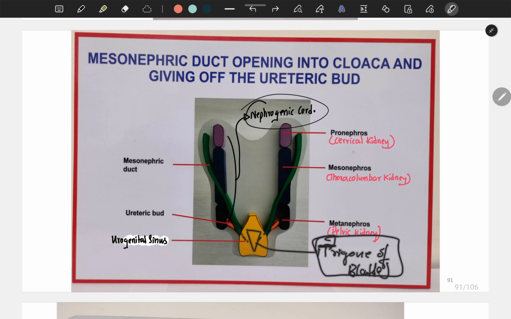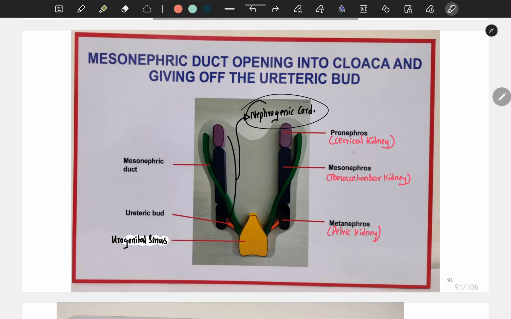What forms this? It is formed by the absorption of the mesonephric duct distal to the uteric bud. This is the uteric bud. The mesonephric duct distal to the uteric bud is absorbed inside the trigone of the bladder.